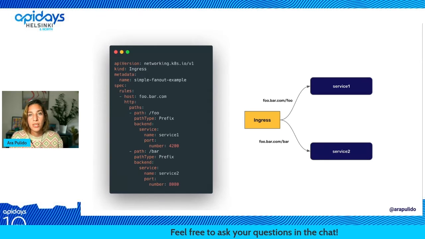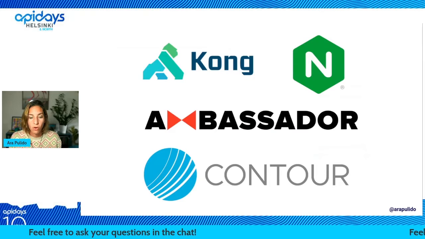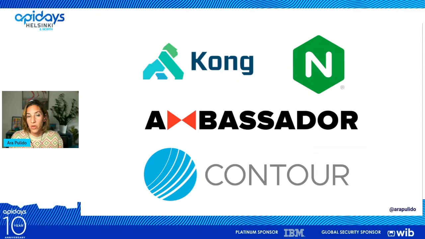Because Kubernetes is relying on third-party implementations of that controller. And there are many open source projects and companies doing these things, usually on the gateway area of things like Nginx and Kong and Ambassador and Contour.